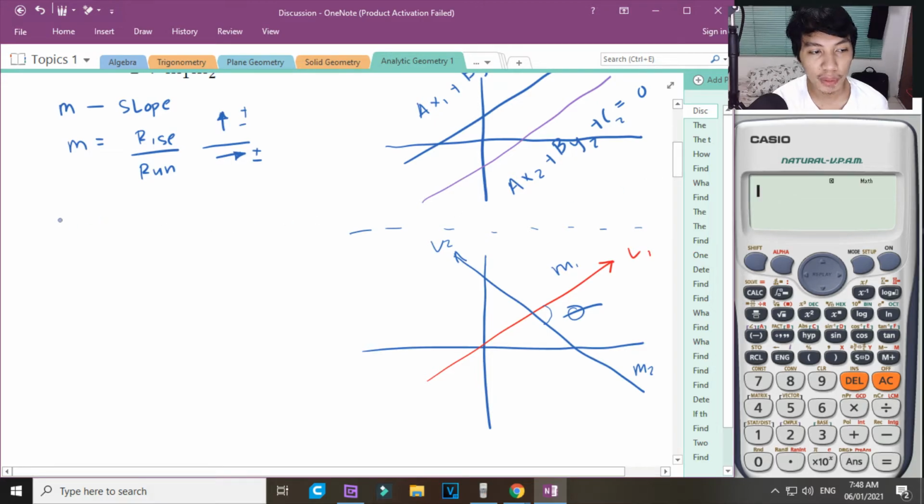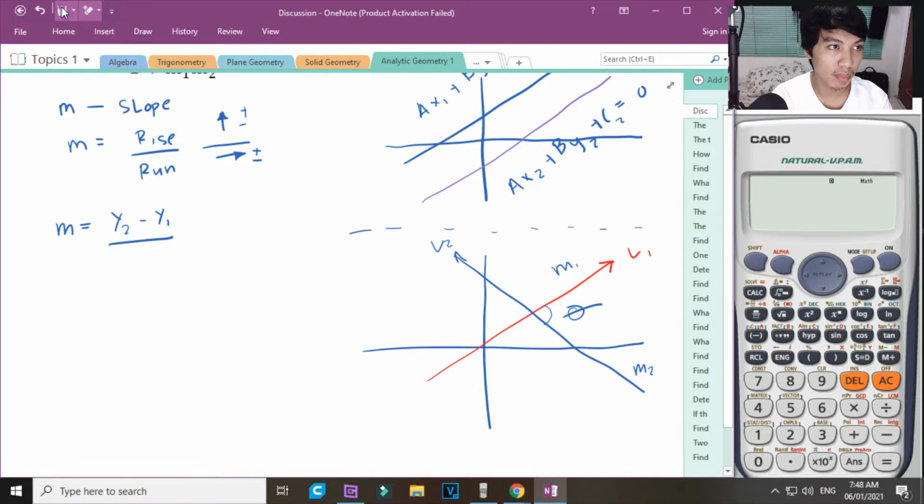Now, in order for you to get yung slope nung line, the slope of the line is y2 minus y1 over x2 minus x1.